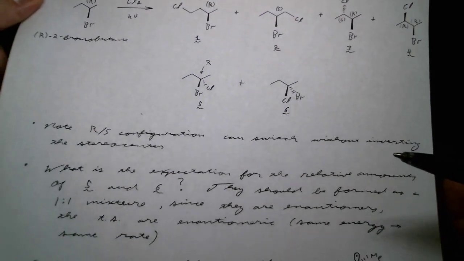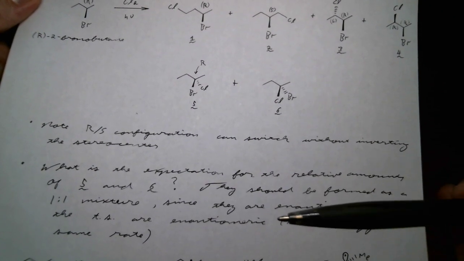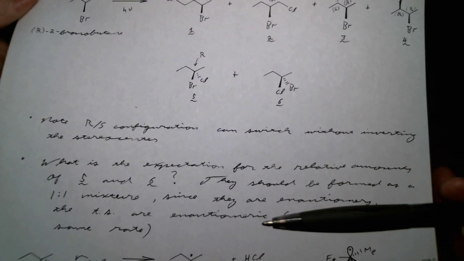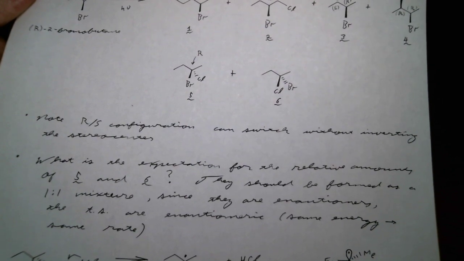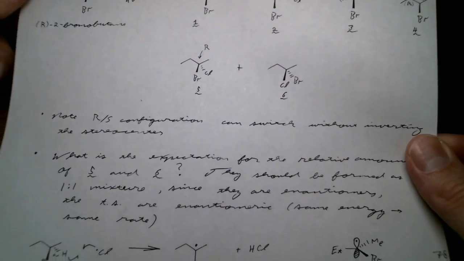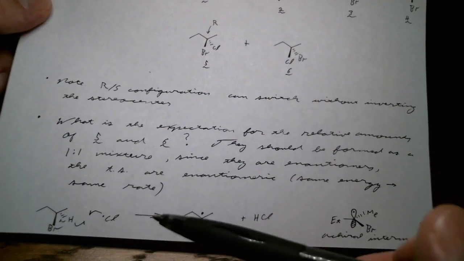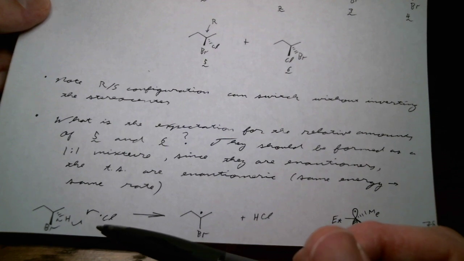Well, like I said, the expectation is that 5 and 6 should be formed as a 1-to-1 mixture because they're enantiomers, and the transition states would have the same energy. However, 3 and 4 are diastereomers, so they would have different energies. Here we're showing 5 and 6, right?